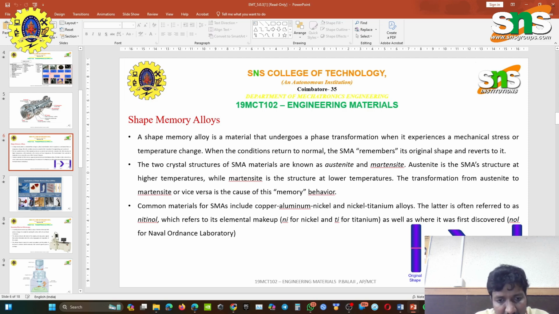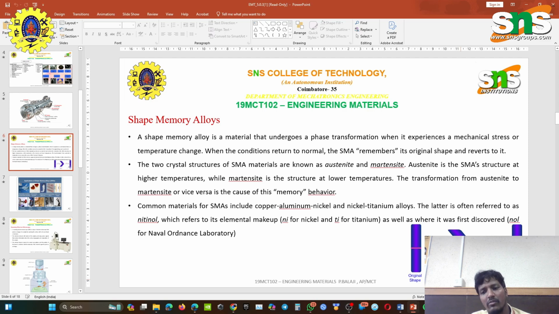Some SMAs can show the two-way shape memory effect, where the material changes shape on cooling as well as on heating. If you give it some cooling, it gives one shape, and if you give it a heating source, it gives another shape. So we have seen two things, martensite and austenite.